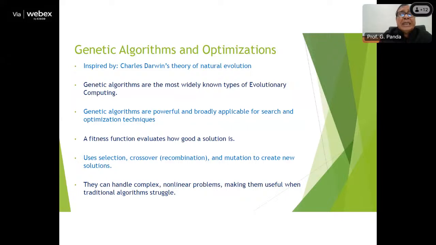Each solution is called a gene, and a set of genes, for example, 10 genes, constitute one solution, which is called a chromosome. So there are 50 chromosomes, out of which 40 chromosomes will cross over. And you select them based on their fitness. So if the first and second will cross over, then they produce a pair of children. So if 20 such pairs will cross over, they'll produce 20 pairs of children.